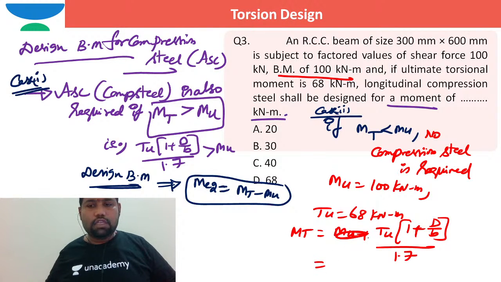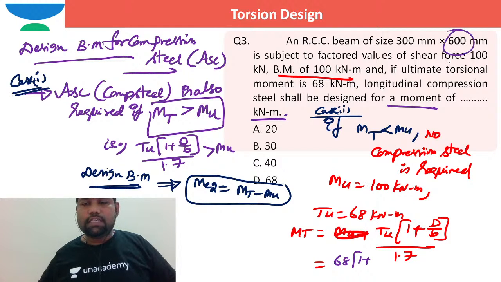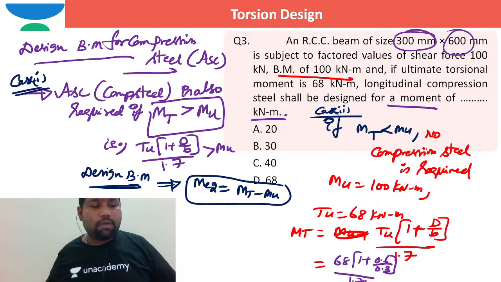So if I work out this one, what is the value of the Tu? 68 into 1 plus capital D, the overall depth is 600 millimeters, 0.6 by 0.3, effective width is 300 millimeter, divided by 1.7. It is 68 into 3 divided by 1.7. This is almost 120 kilonewton meter.